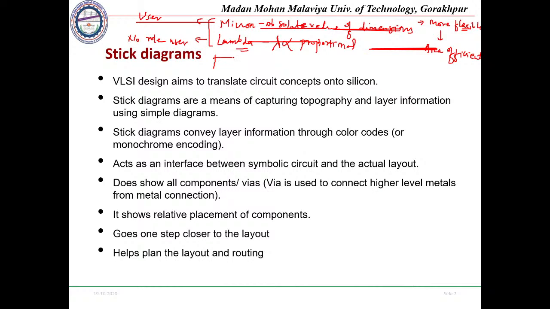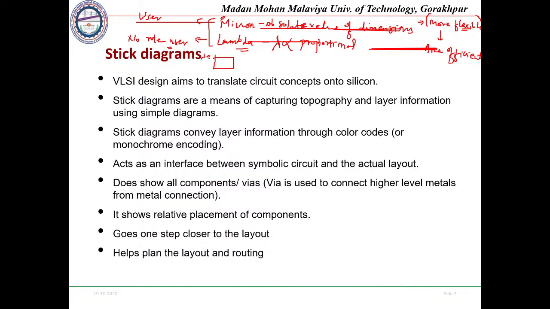Once we have designed a layout of a particular transistor and we change the lambda, all the dimensions will change accordingly. So the role of the user in the lambda rule is very less. These are the advantages and disadvantages. In micron, we go for a more efficient circuit. If we want a more efficient design, we will go for the micron rule. So this was the basic analysis of the layout.